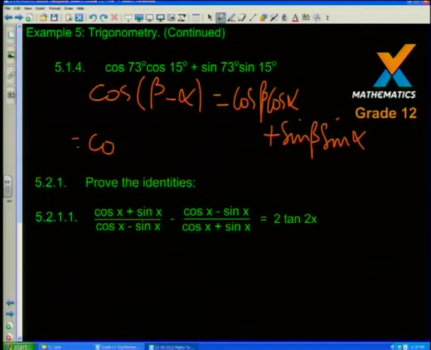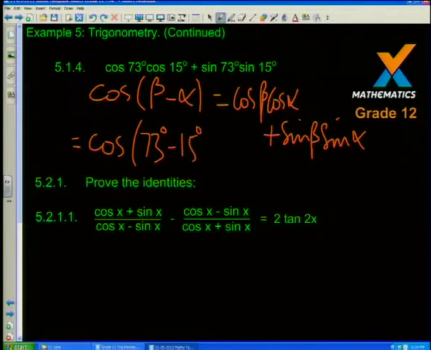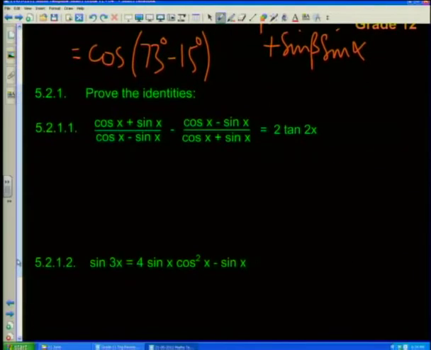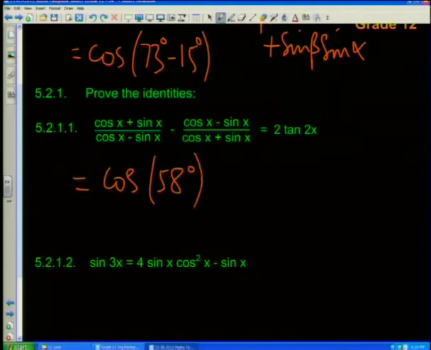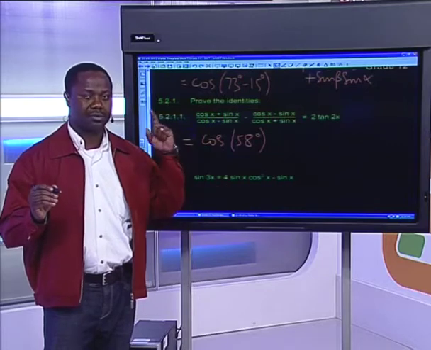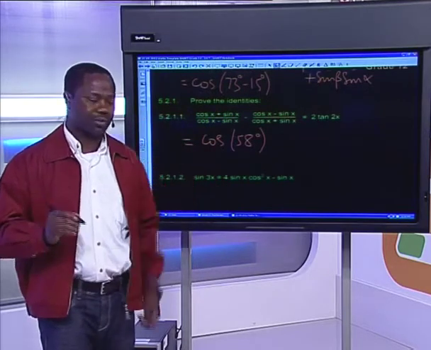cosine of 73 minus 15. Allow me to create space at the bottom here. All right. If we continue from there, this is now cos of 58 degrees. This doesn't look like it's related to our sine 61, which we started with.